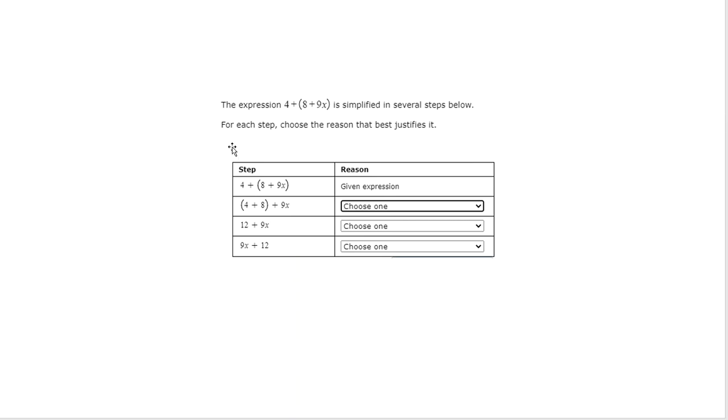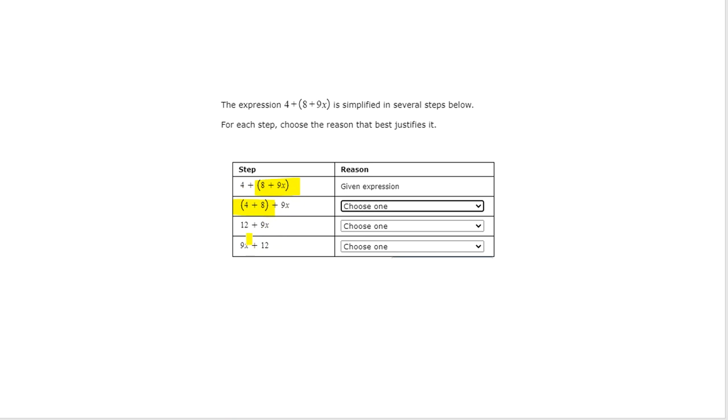Okay, let's look at some more examples here. Okay, the next one, if you have the expression 4 plus 8 plus 9x, and it's simplified in a few different steps, we have to identify what property was used to be able to justify that. So 4 plus 8 plus 9x. Now you can see that in this one, the 8 plus the 9x, those are associating first.